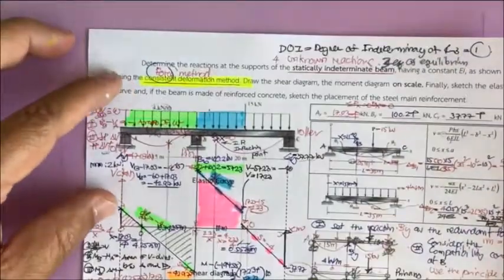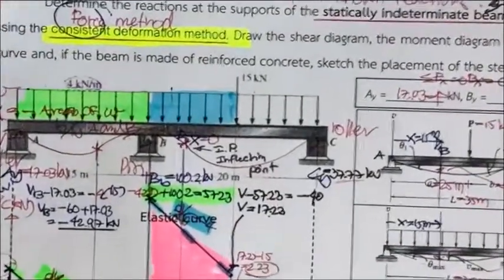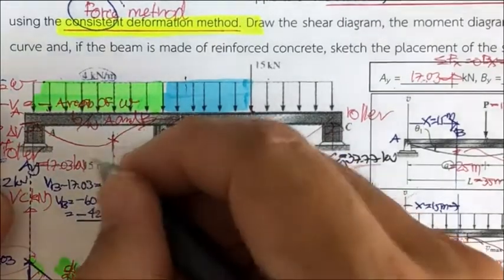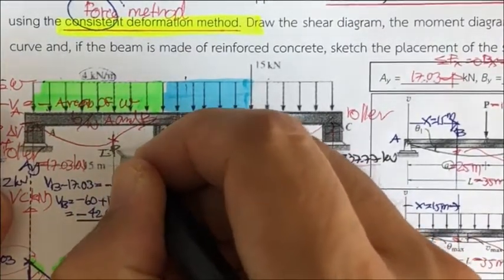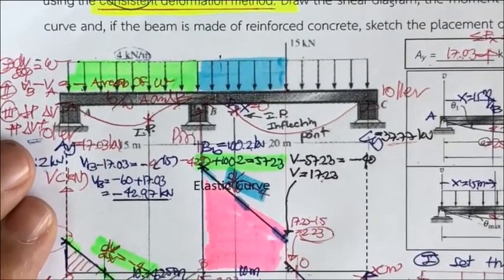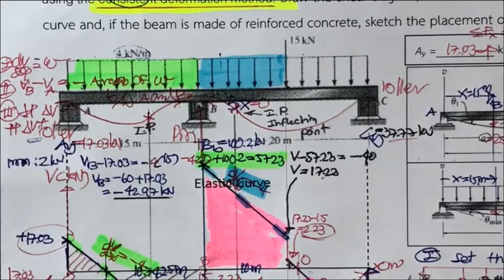If you zoom this one, we have this one as the inflection point, and you also have this one as the IP. IP is important because if you design the reinforced concrete beam, the inflection point is the point that you will change the reinforcement for the beam.